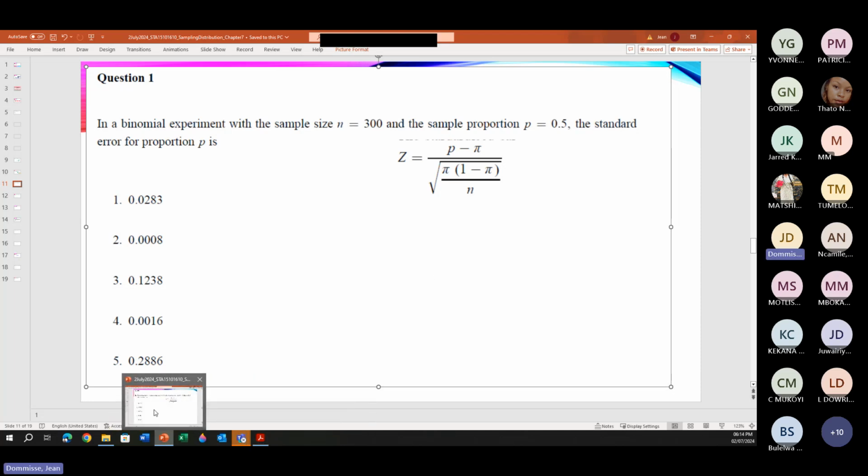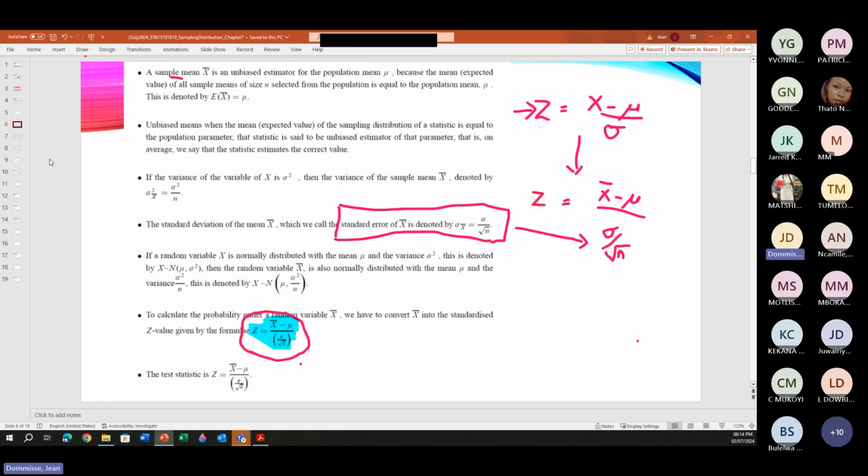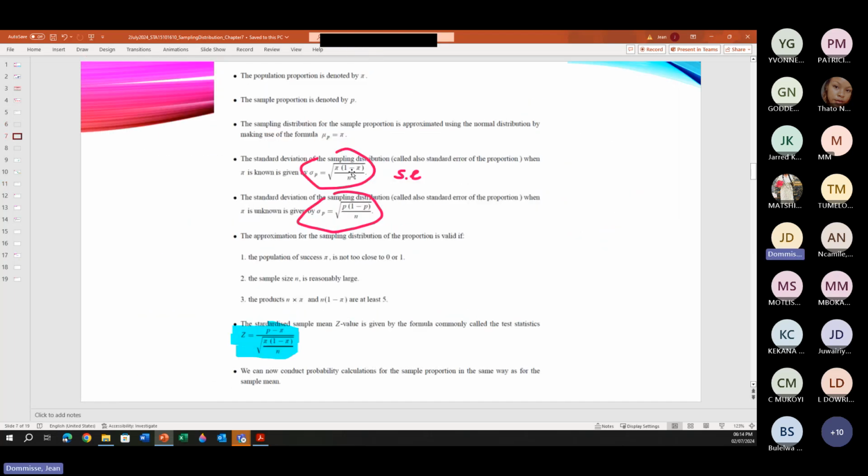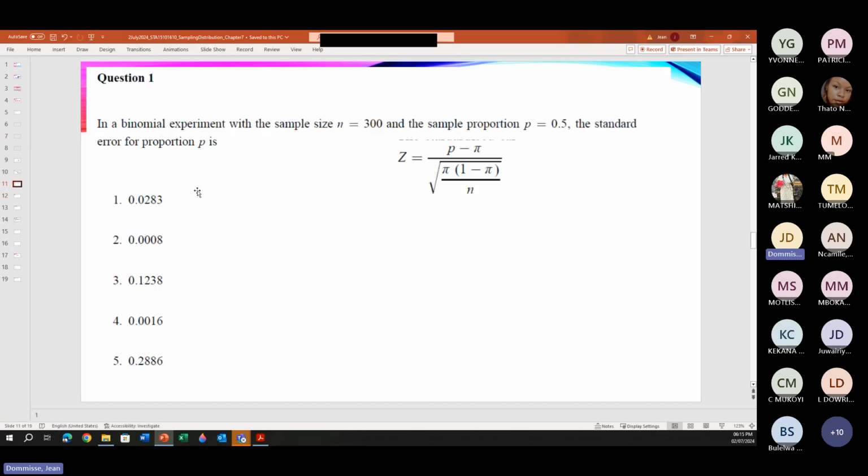From that slide, you would also have seen where sometimes we talk about the standard error of the proportion when it is known, when it is unknown, but the process is similar.